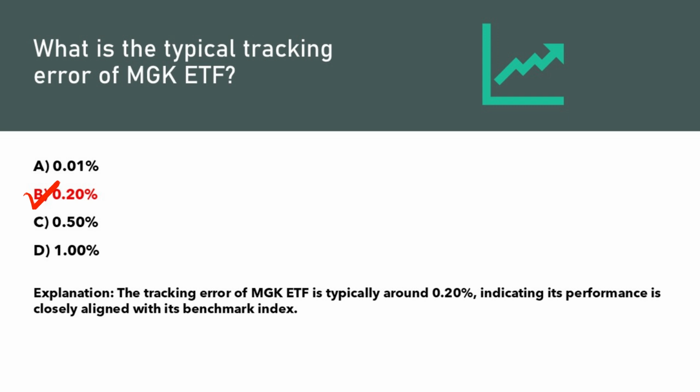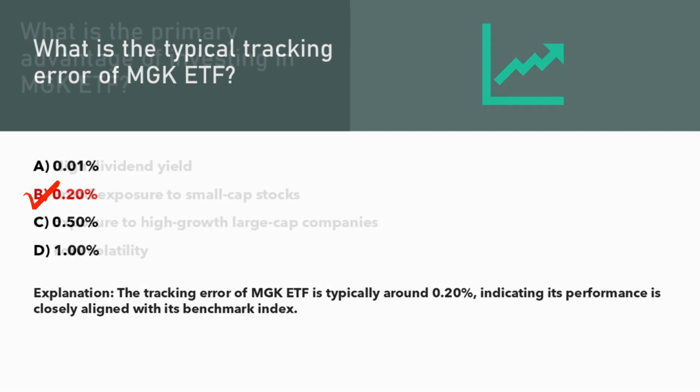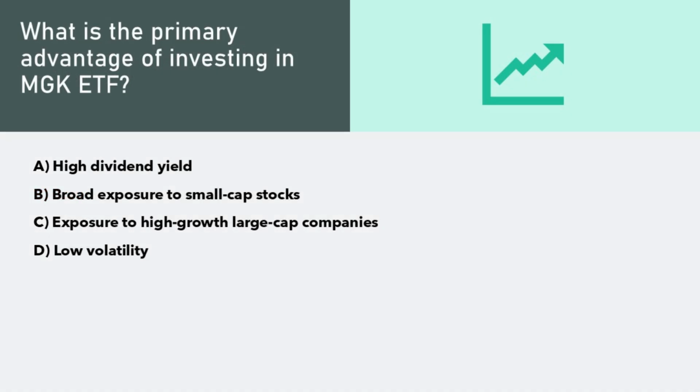Answer: B. 0.20%. Explanation: the tracking error of MGK ETF is typically around 0.2%, indicating its performance is closely aligned with its benchmark index. What is the primary advantage of investing in MGK ETF?